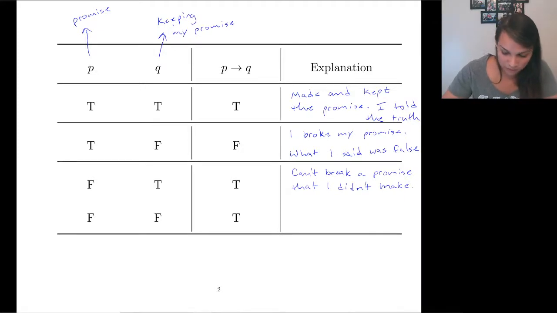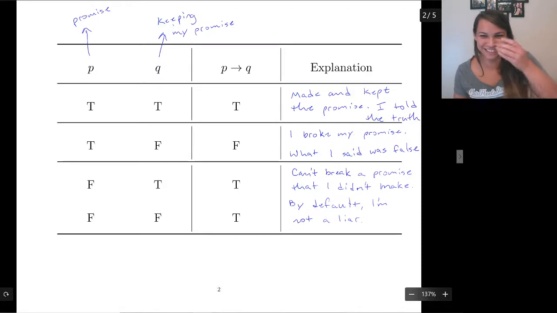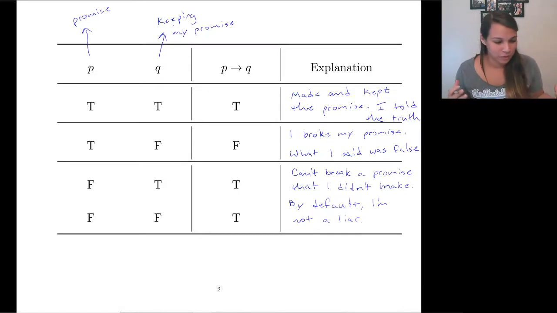So if I don't make a promise, it means by default I'm not a liar. So there you go. If you don't want to be a liar, just don't make any promises. If we want to think about it logically, if your assumption is false, you can conclude pretty much anything in a true way.